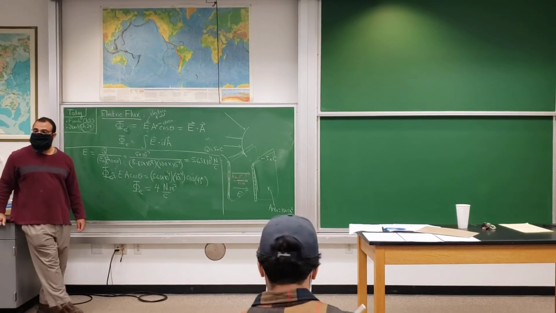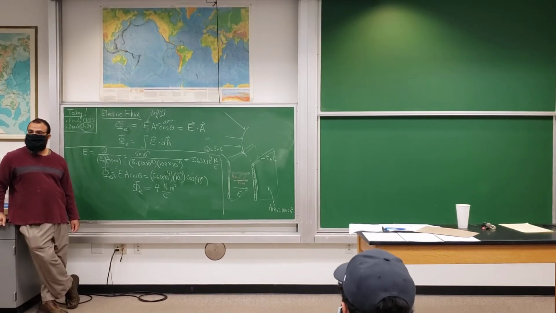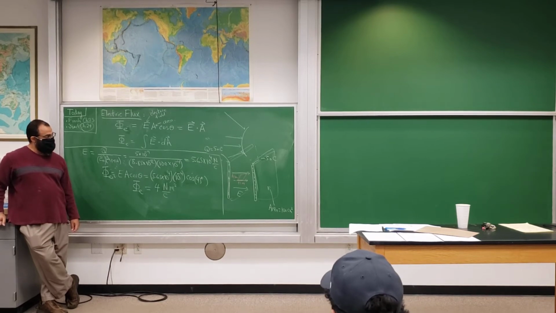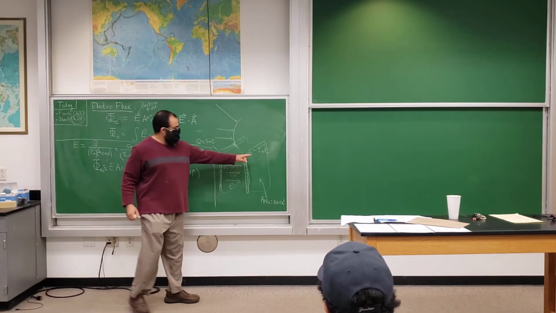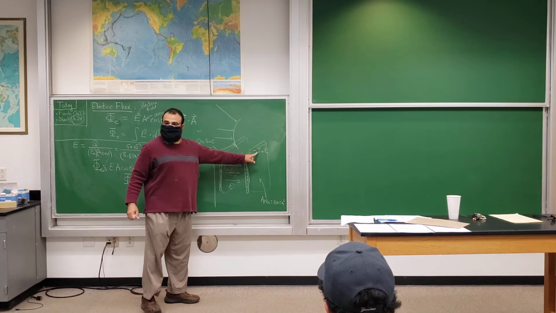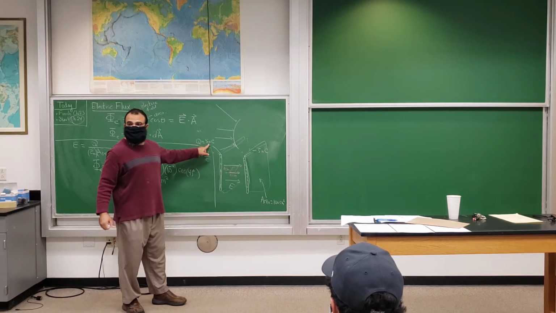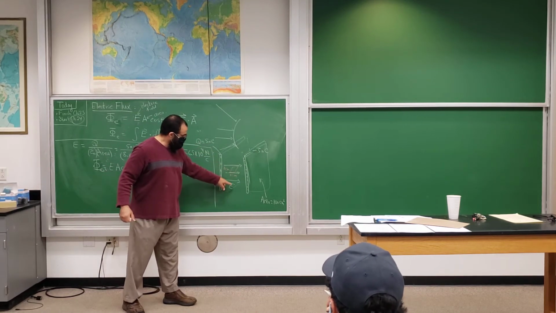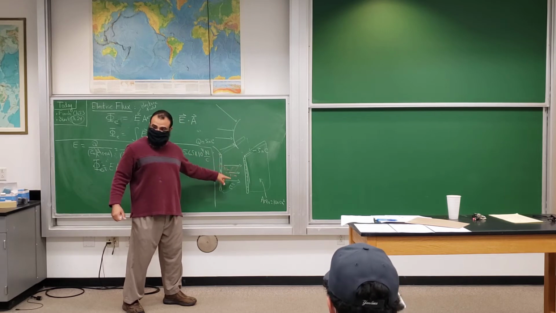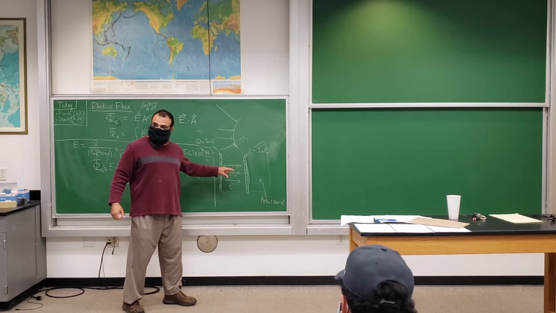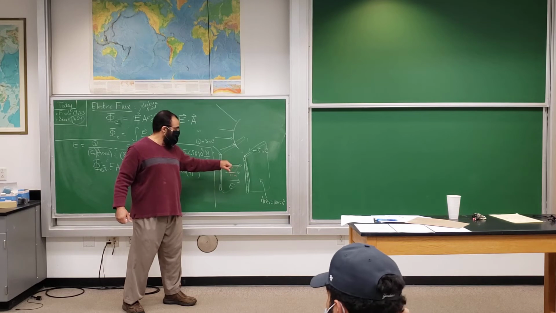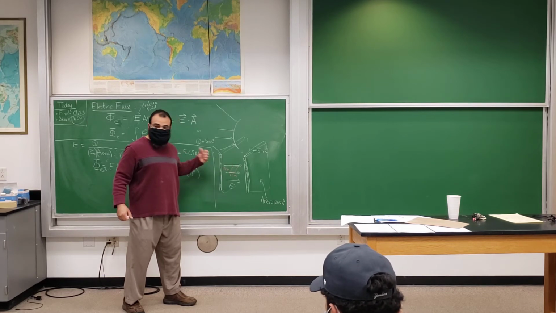If the field on the right had been like -3 nanocoulombs, would we have to subtract it? This is -3, and this one is 5. Yeah, you first have to determine what the field is. Once you find the field, you will use that field to calculate.